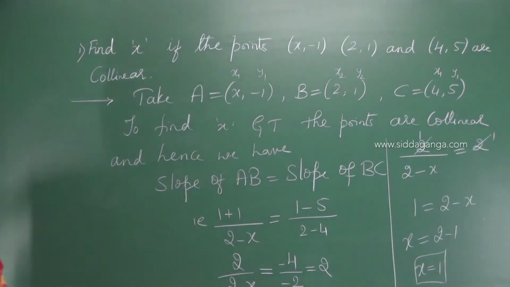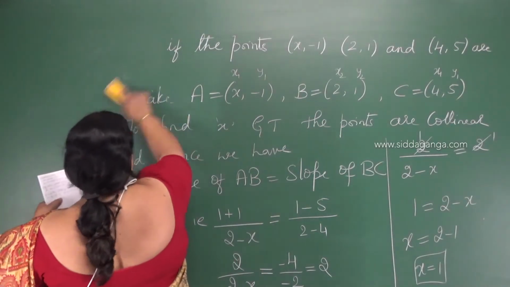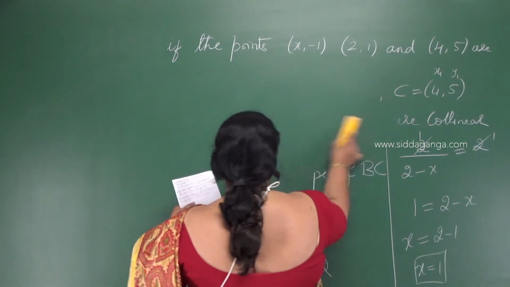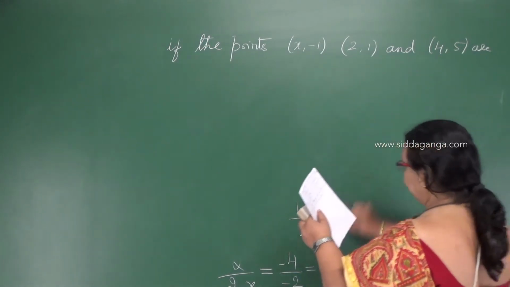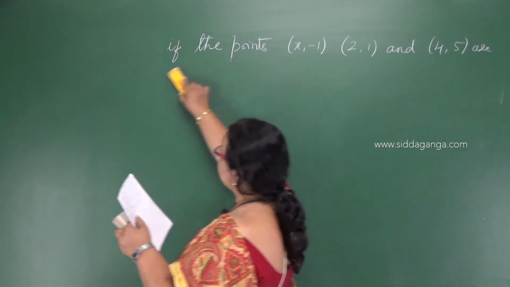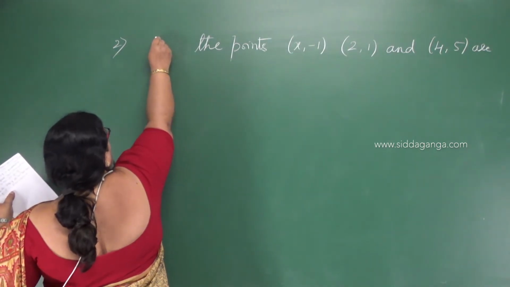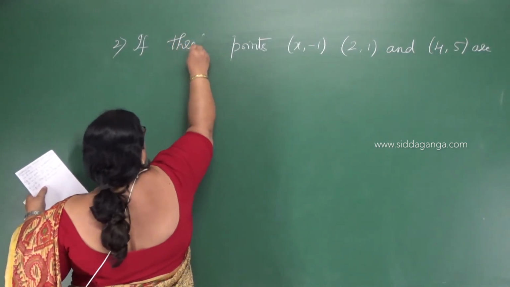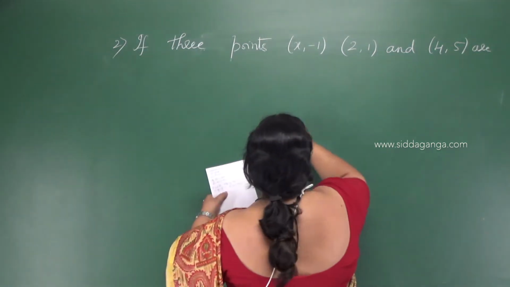Next example, second example here. So if 3 points, if 3 points, the first point is h comma 0.